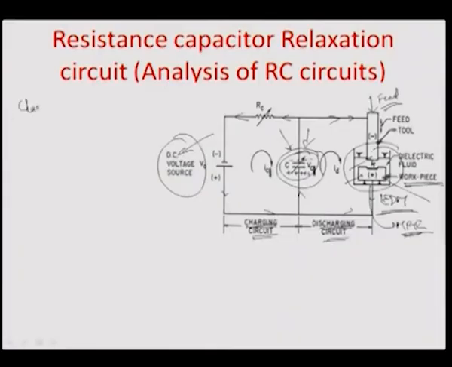So, the charging voltage in this particular case is V0, given by this source voltage here, and let us assume that the charging current in this particular case is some value Ic.